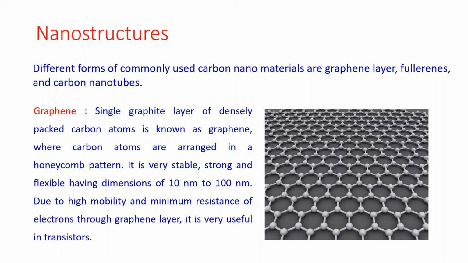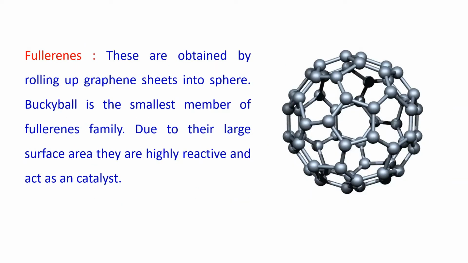When carbon atoms are arranged in a honeycomb pattern, as you see in the diagram, it is very stable, strong and flexible, having dimensions of 10 nanometer to 100 nanometer. Due to high mobility and minimum resistance of electrons through the graphene layer, it is very useful in transistors.